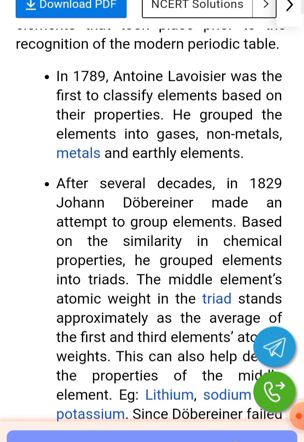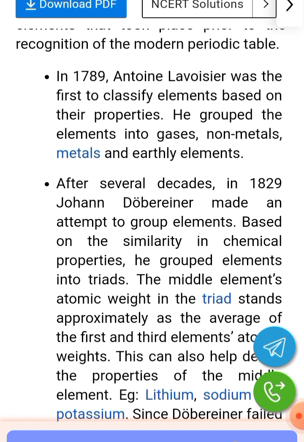The first person we are looking at here is Antoine Lavoisier. In 1789, Lavoisier was the first to classify elements based on their properties. He grouped the elements into gases, non-metals, metals, and earths.